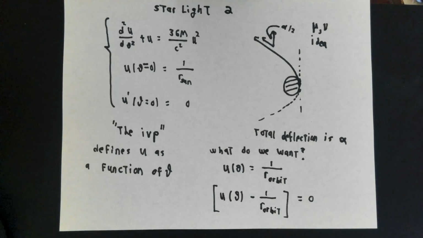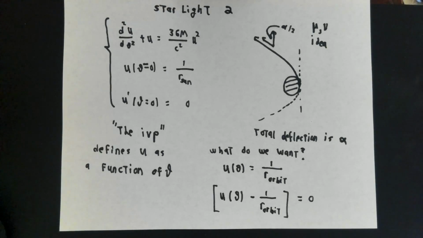Now that we have this written this way, I can use any of the standard methods. I could do the method of bisection, I could do the secant method, or what I'm actually going to do is Newton's method.